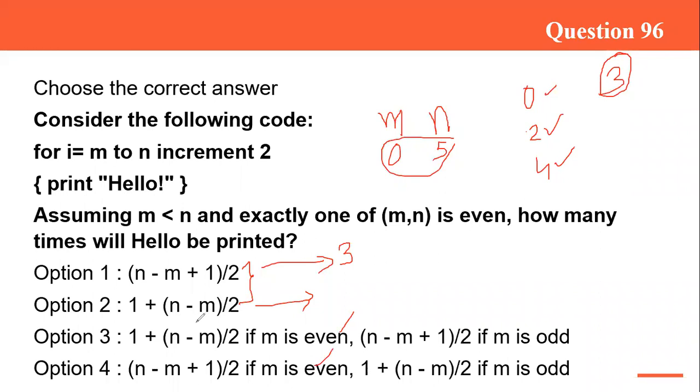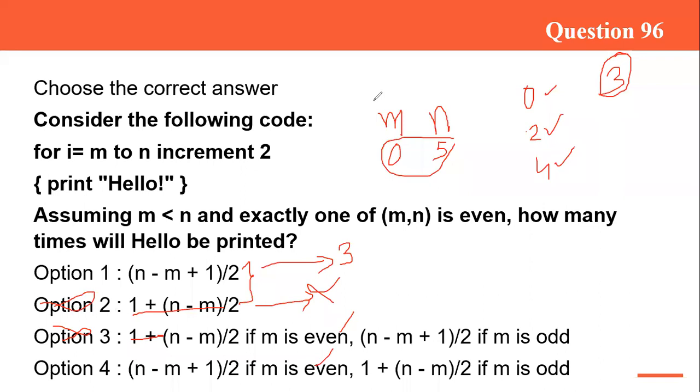That means 5 minus 0, which is 5. 5 by 2 is 2.5. You are getting a fractional result. So if you get a fractional result, don't consider it at all. So when m is even, this cannot be the answer. So option 3 is eliminated. Option 2 is eliminated. Now we have to think of option 1 and 4.